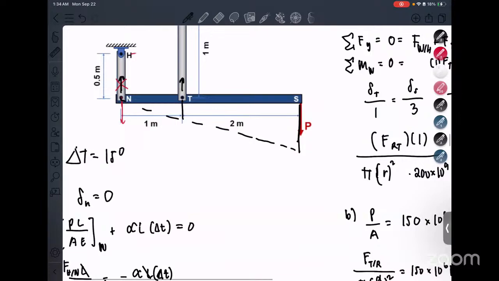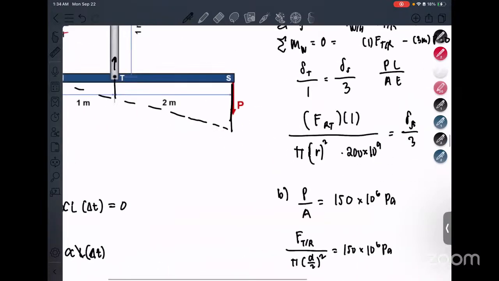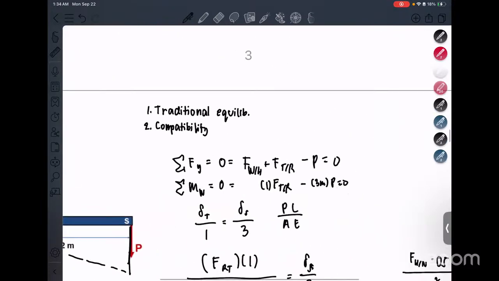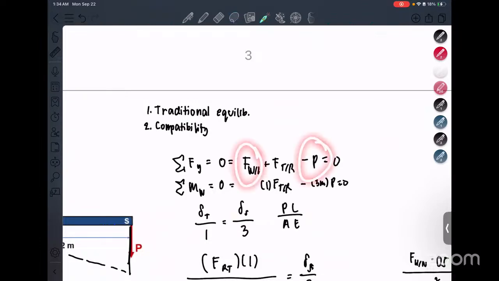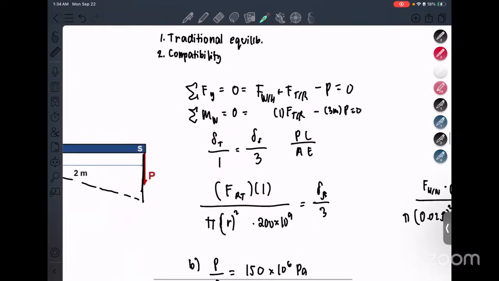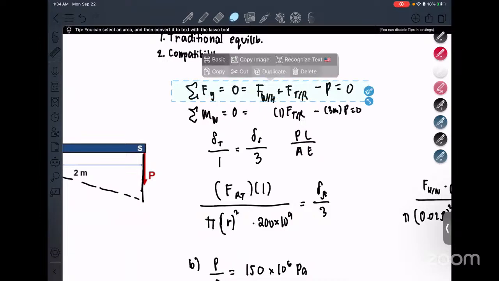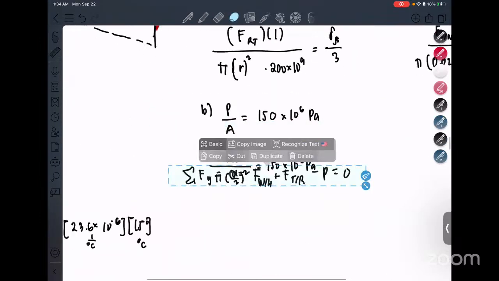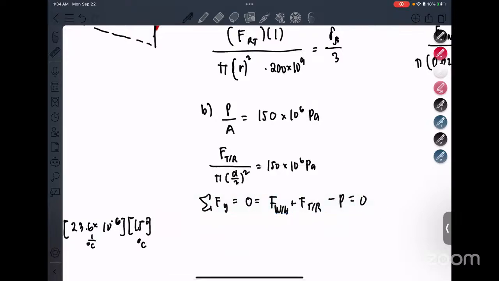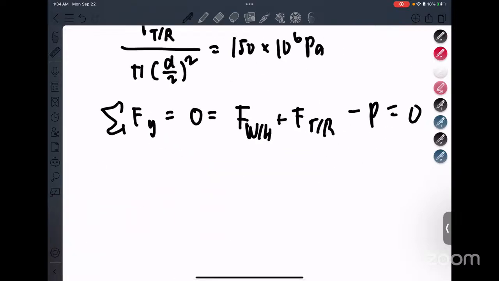FTR, so recall na na-solve natin CF NH and CF INCP, meaning this first equation is now usable because it's just one equation, one unknown. Plugging this equation back in, we get negative theta.